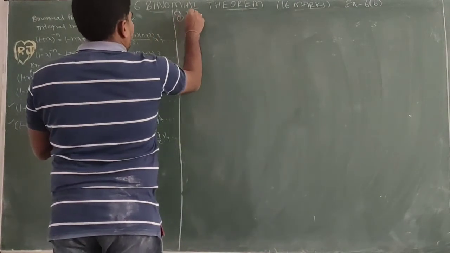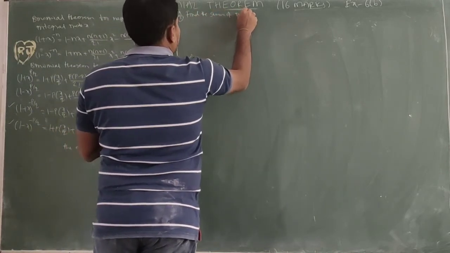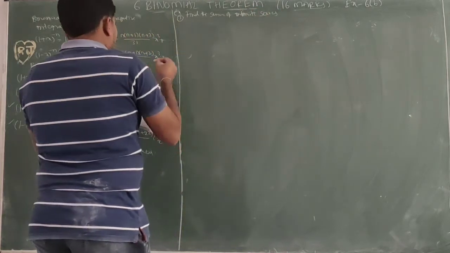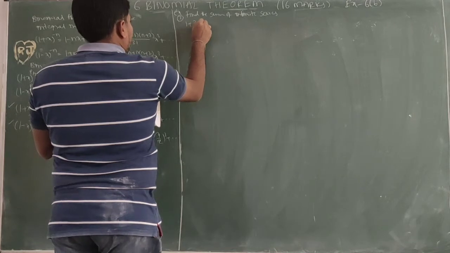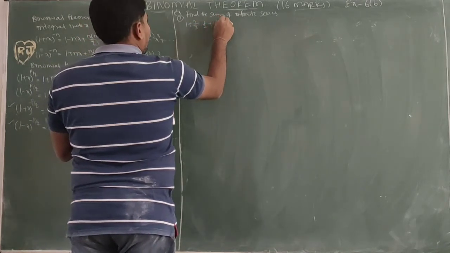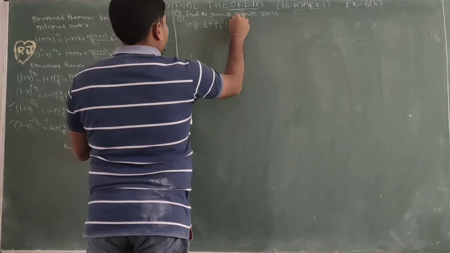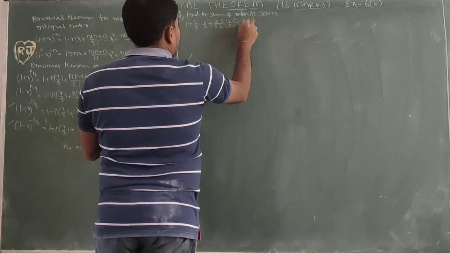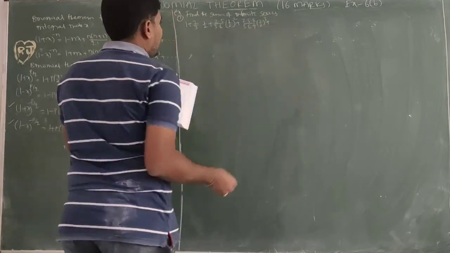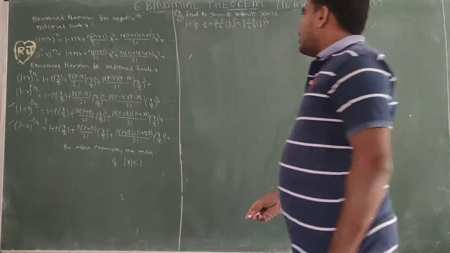Find the sum of the infinite series 1 + (2/3)(1/2) + (2·5)/(3·6)(1/2)² + (2·5·8)/(3·6·9)(1/2)³ + ... up to so on. Okay, solution.